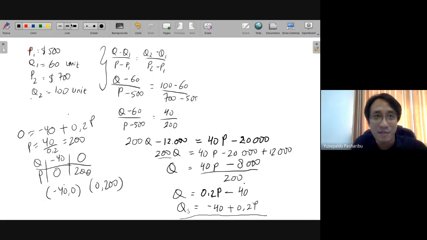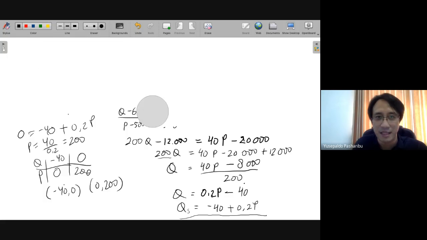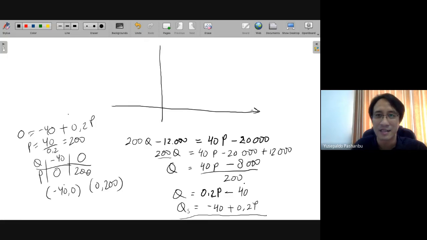I want to show you how to draw the minus or negative in the application of a linear equation. We have two lines, vertical and horizontal.